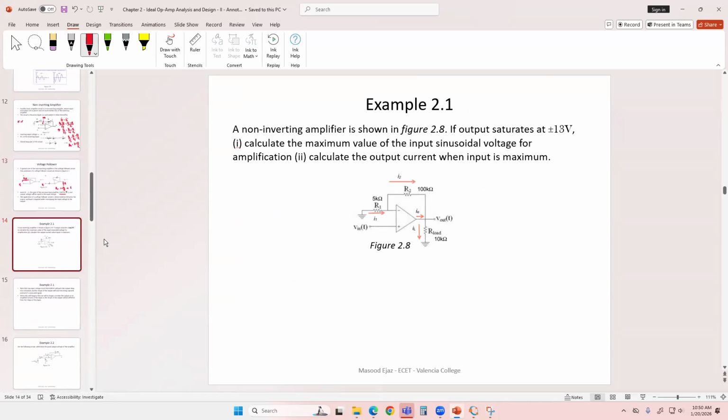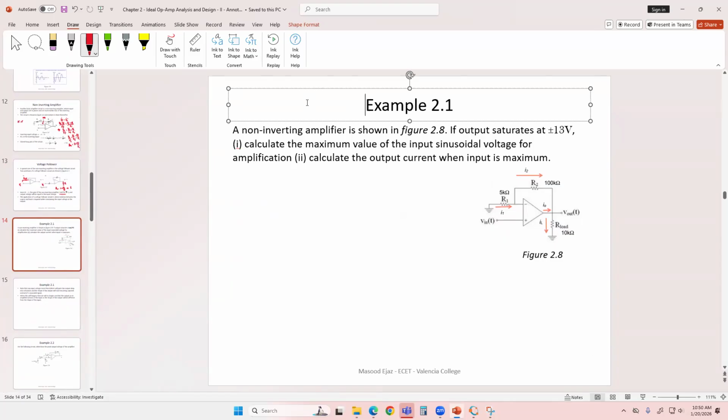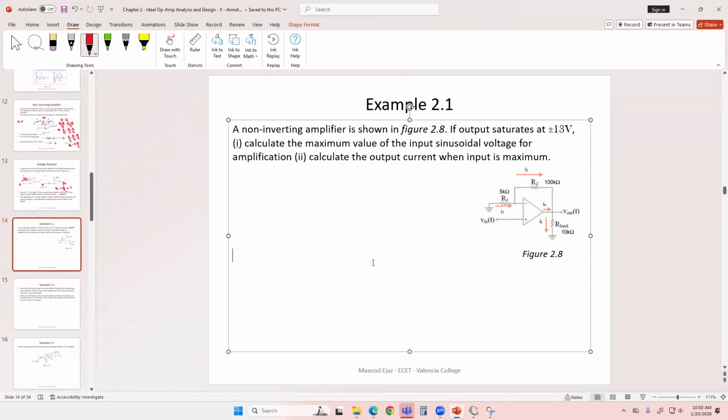All right, some examples. A non-inverting amplifier is shown in this figure. If the output saturates at positive negative 13 volt, calculate the maximum value of the input sinusoidal voltage for amplification. Calculate the output current when the input is maximum. Okay, so this is a non-inverting amplifier.